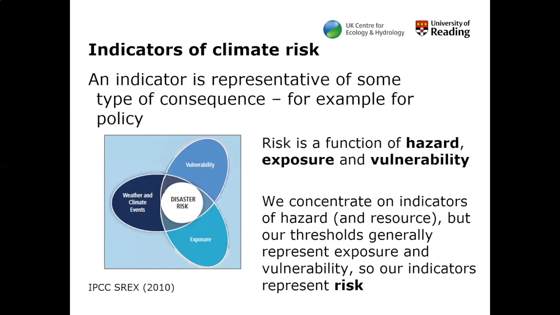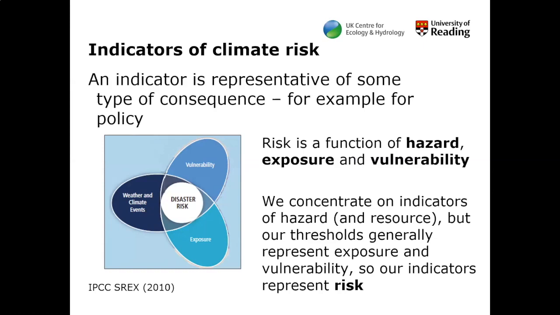Therefore, we can interpret most of them, not all, but most of them, as measuring risk, even though we're not explicitly incorporating exposure and vulnerability. The risk is in the thresholds and the variables that we define. So that's what we're doing. We're calculating indicators of climate risk.